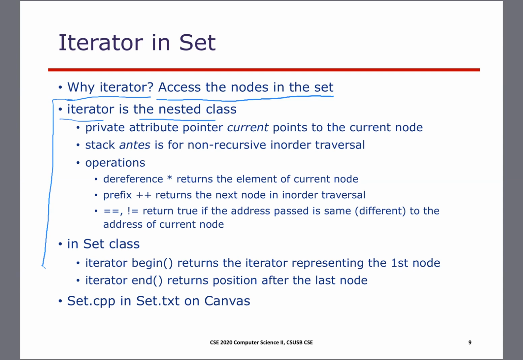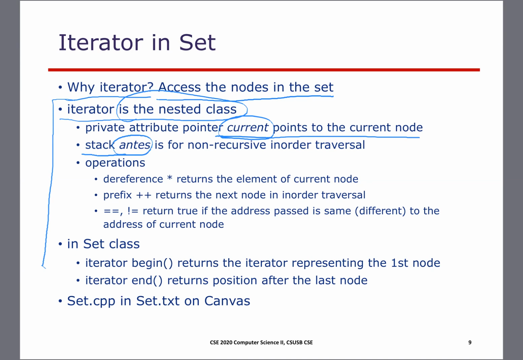Iterator is a nested class defined in the set class template. Here we have a private attribute, its name is current. Current is a pointer that points to the current node. And here we also have a stack, the stack name is ants.